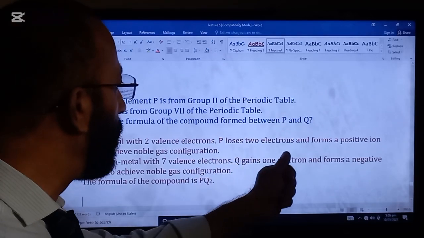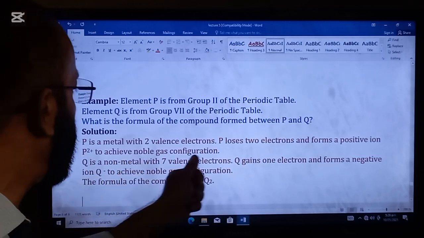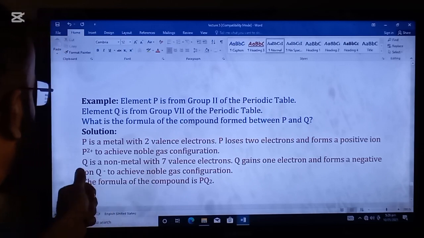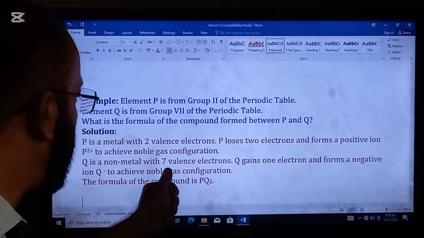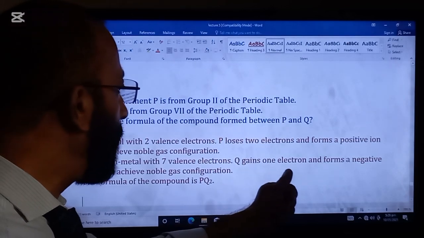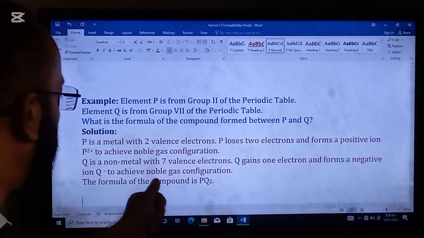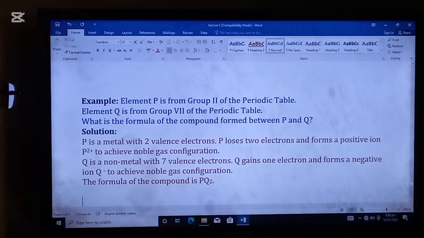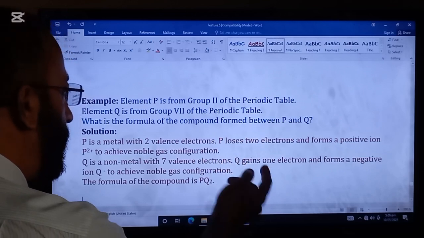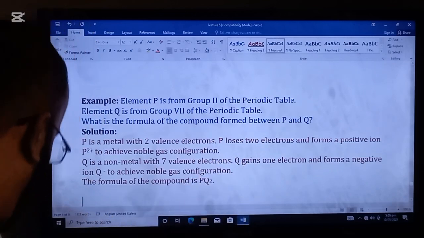P loses 2 electrons and forms a positive ion, P2+, to achieve noble gas configuration. Q is from group 7, so Q is a non-metal with 7 valence electrons. It gains 1 electron and forms a negatively charged ion, that is Q-, to achieve a noble gas configuration. So it means we require 2 Q ions and 1 P ion. So the formula will be PQ2.